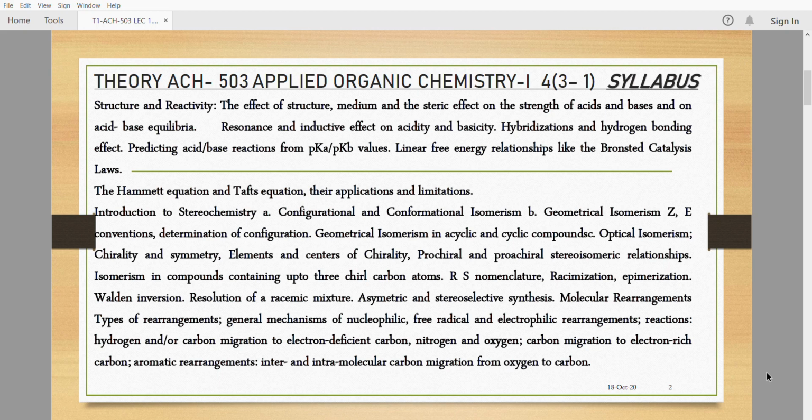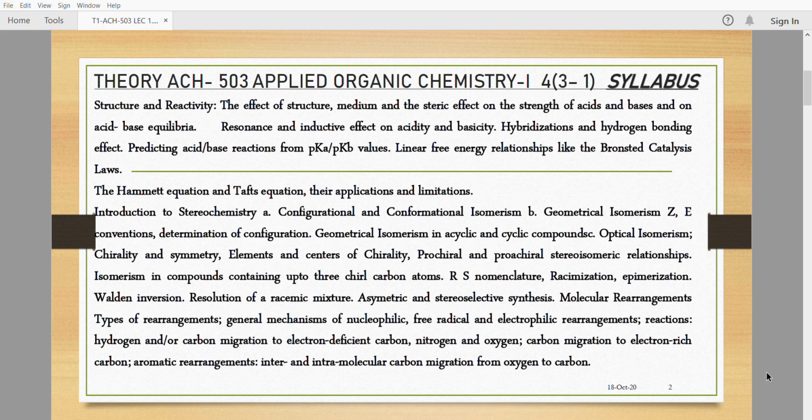Now, why are acids and bases important? Because the reactions of chemistry are better understood by these acids and bases.